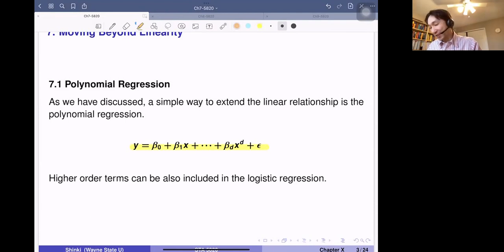The answer is correct. It's linear because it's linear with respect to beta naught to beta d. So this is a linear function of beta naught to beta d. In statistics, the main topic is how to estimate the parameters. As long as the model is linear in terms of beta naught to beta d, the theory is the same as the usual linear model.